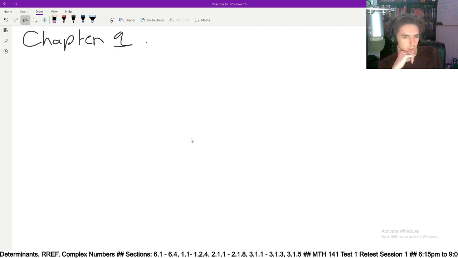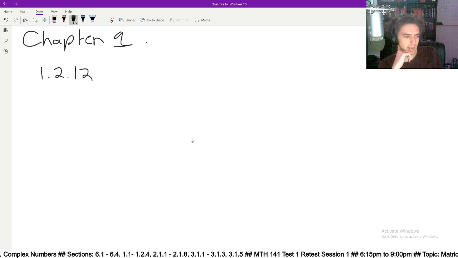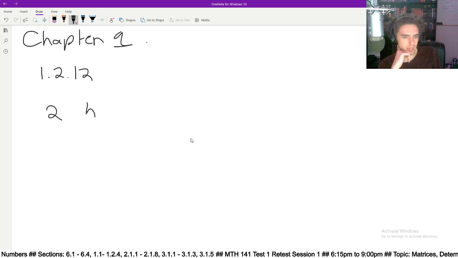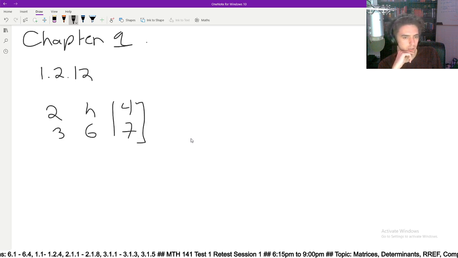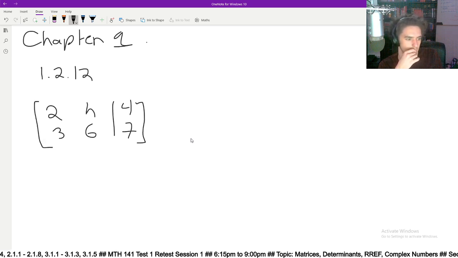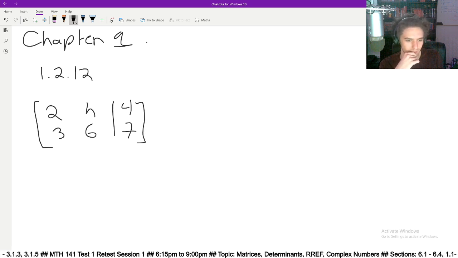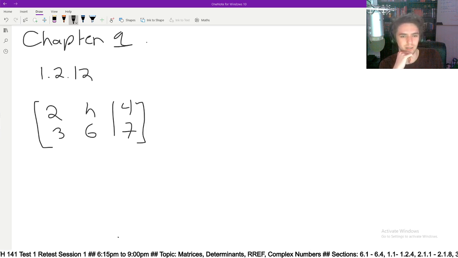So 1.2.12 is saying find h such that the matrix 2, h, 4; 3, 6, 7, very small matrix, is an inconsistent system, which means it doesn't have a solution. I say that a little unconfidently. I forget what inconsistent means, but almost certainly it means doesn't have a solution. Someone correct me.